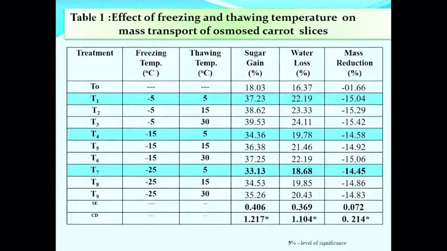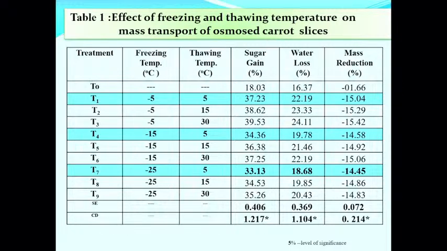Here, first is the effect of freezing and thawing temperature on the mass transfer of the osmosed carrot slices. Less water loss and sugar gain are recorded for the control treatment, where there is no freeze-thaw treatment.